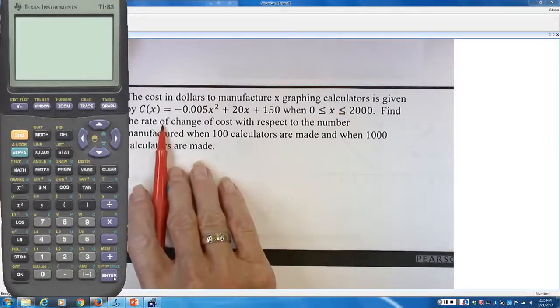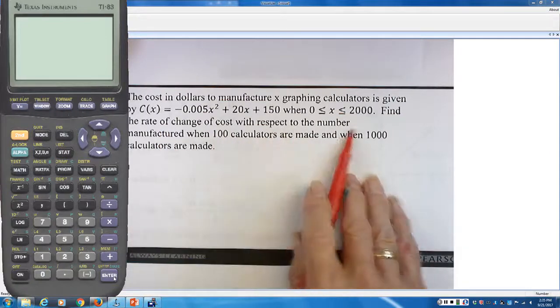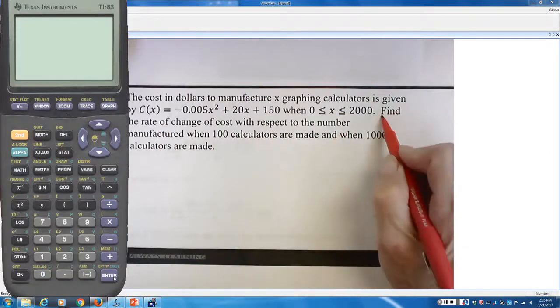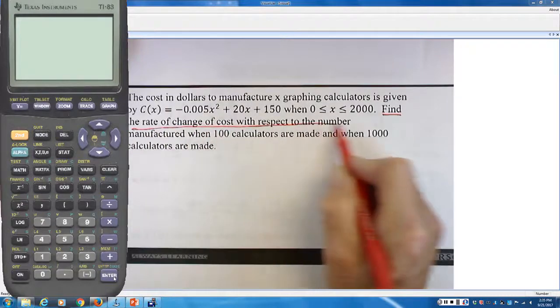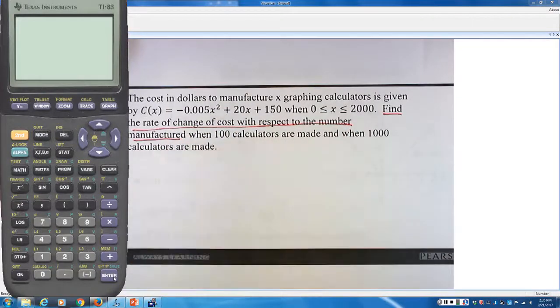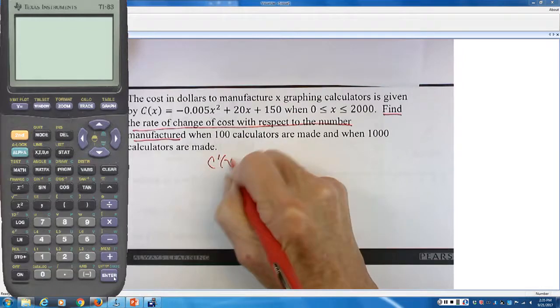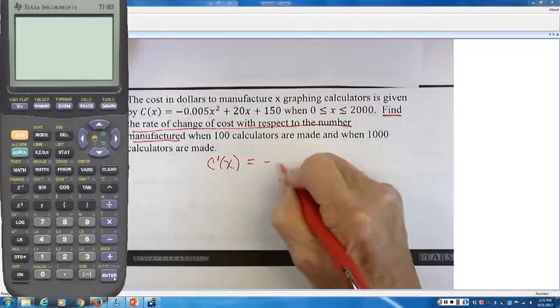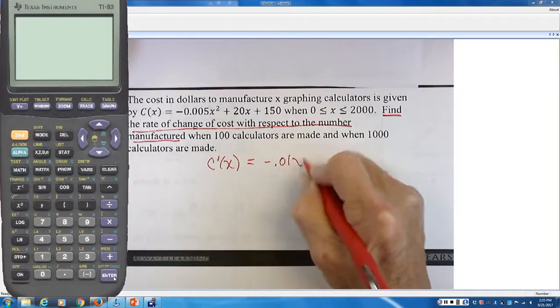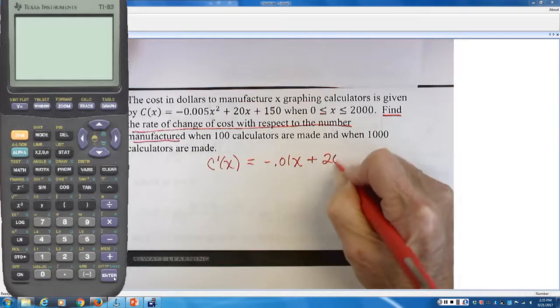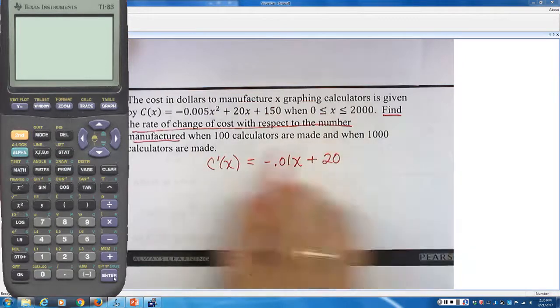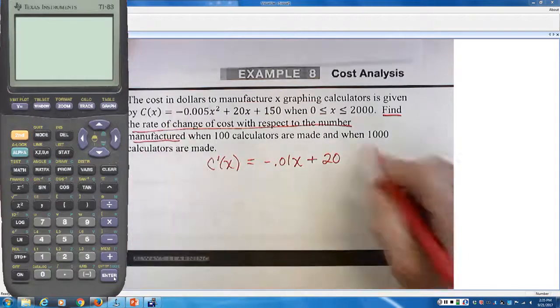So, find the rate of change of cost with respect to the number manufactured. That's the words for derivative. And this is dollars.